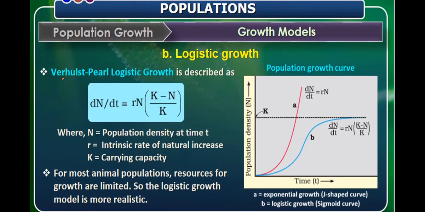It is given by dN/dt = rN(K minus N)/K, where N is the population density at time t, r is the intrinsic rate of natural increase, and K means carrying capacity. For most animal populations, resources for growth are limited. So the logistic growth model is more realistic than the exponential growth model.